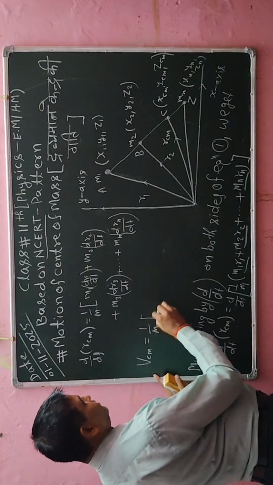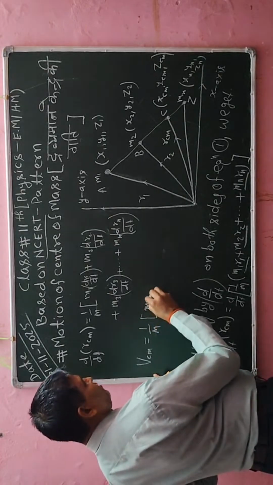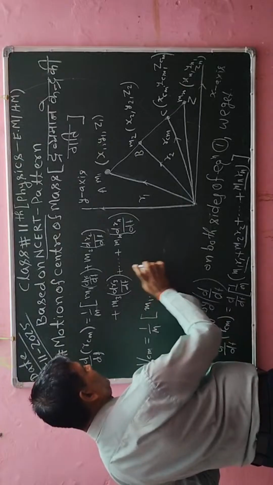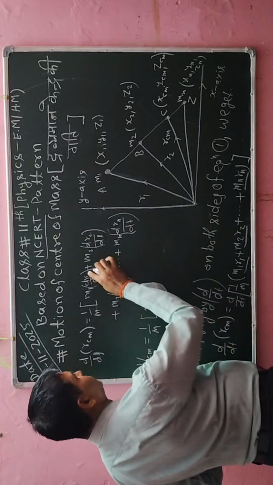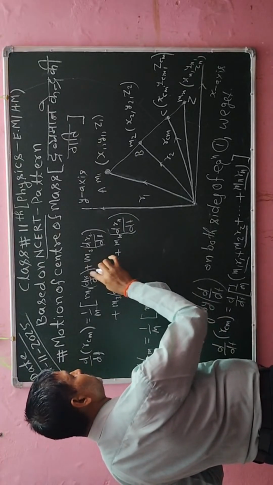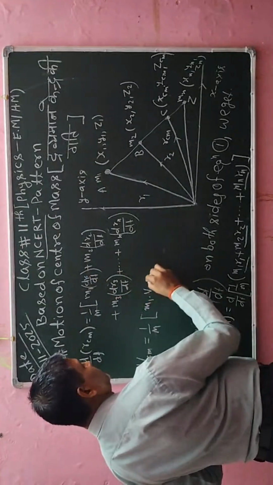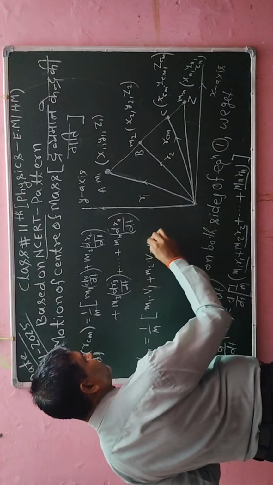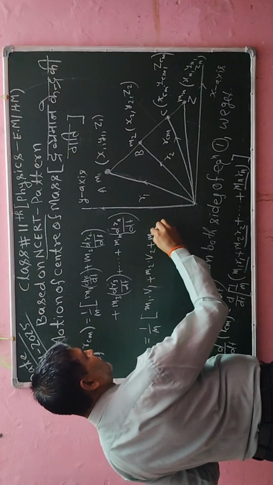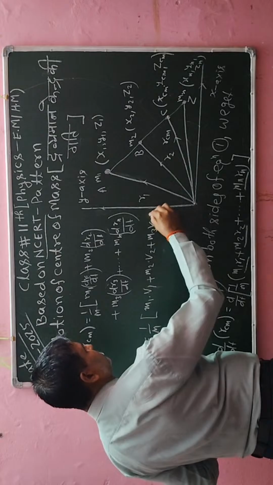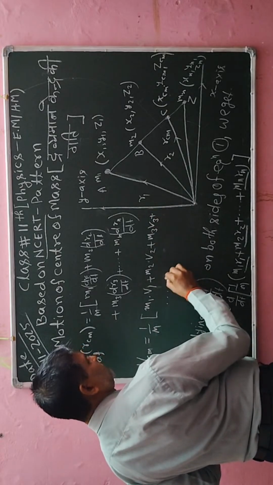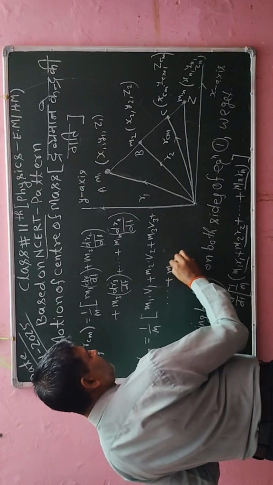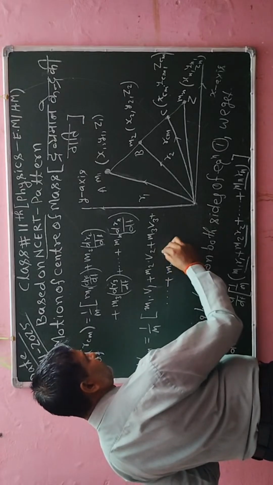In the bracket I have to write m1 and here I will write v1. This is the velocity, displacement 1 divided by t, that is v1. Similarly m2 v2 plus m3 v3 plus and so on up to mn and vn.